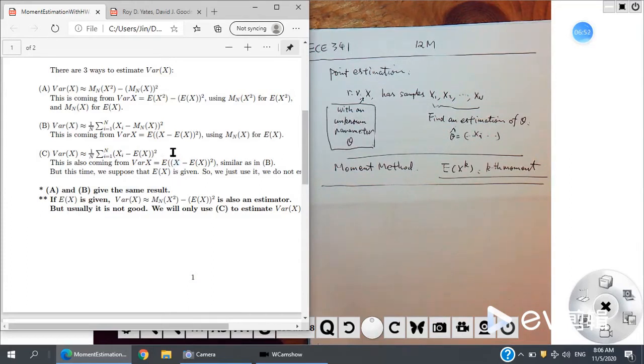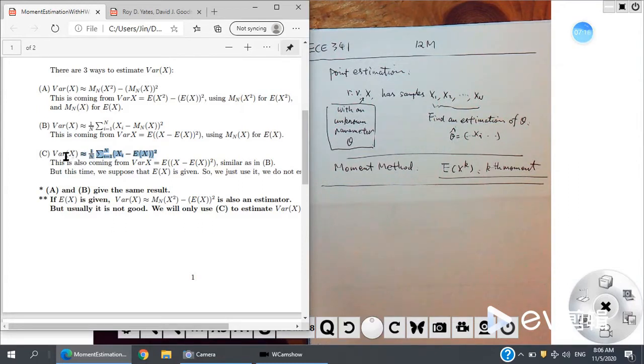The formula looks like this: the observed xi, the sample value of x, minus the given mean value, then square, do summation, then take the average, divide by n. Then you have the estimate of the variance.